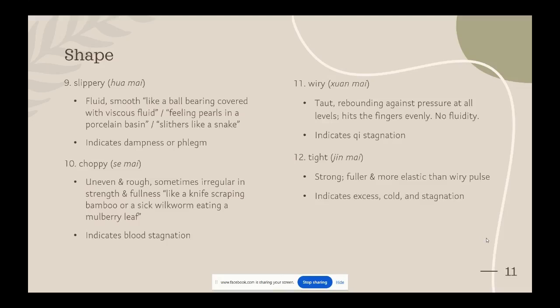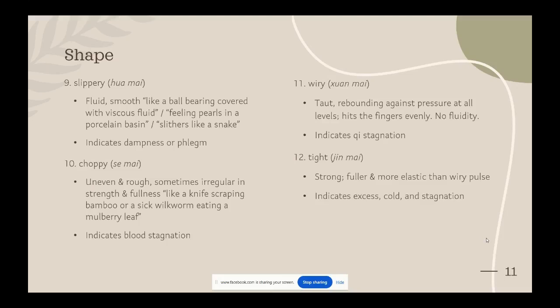And it is indicative of chi stagnation, so it's usually related to disharmony that impairs the flowing and spreading functions of the liver and gallbladder, which are responsible for the smooth flow of chi. So as we were saying before, that's a pulse you'll feel especially on the liver, whereas the slippery pulse especially on the spleen.